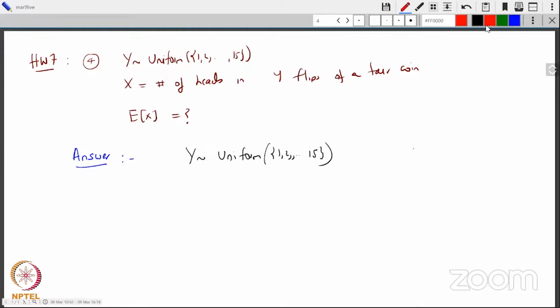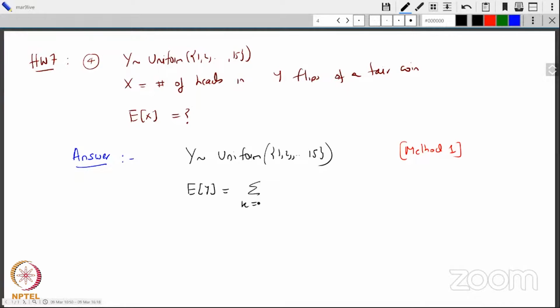So here is method 1. Let me use method 1 towards the answer. Then I'd like to discuss a little bit about the distribution of Y. So Y is uniform. What is E of Y? You can think of it in a formula way like I've given in the text, or you can write it down.